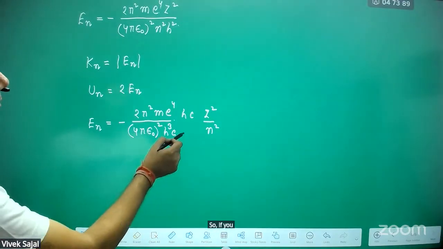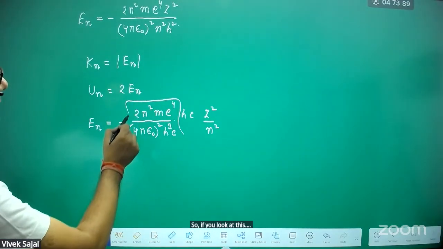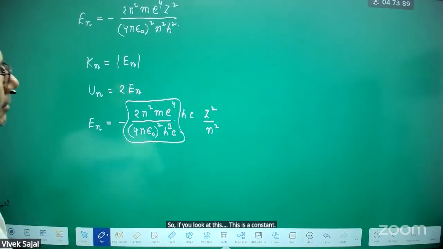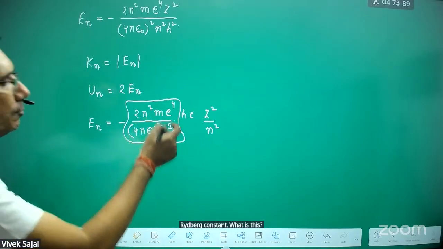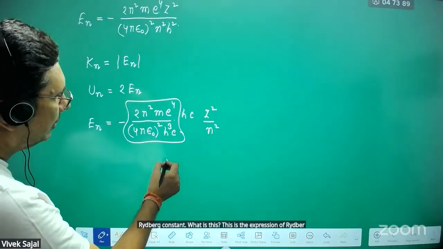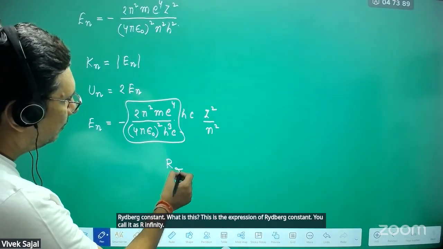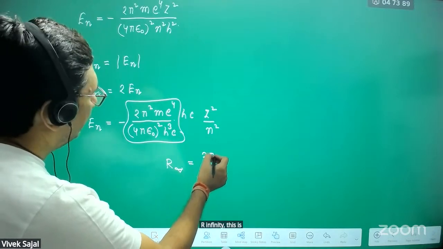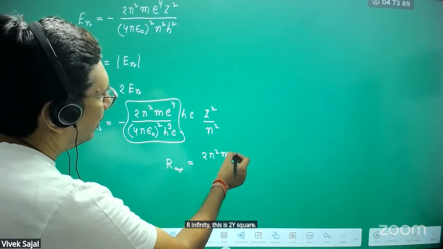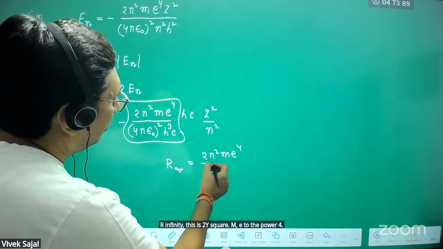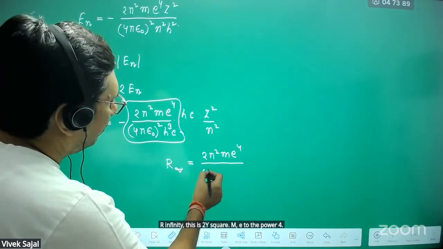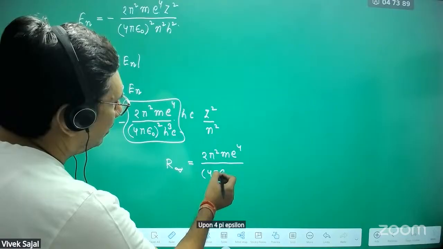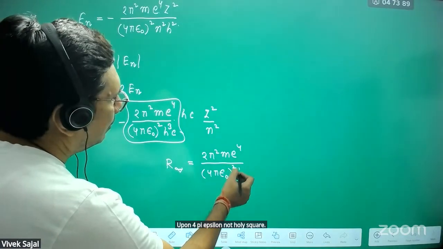So if you look at this, this is a constant that is called the Rydberg constant. What is this? This is the expression of the Rydberg constant. You call it R infinity. R infinity is 2 pi square m e to the power 4 upon 4 pi epsilon naught whole square, and this will be h cube c.